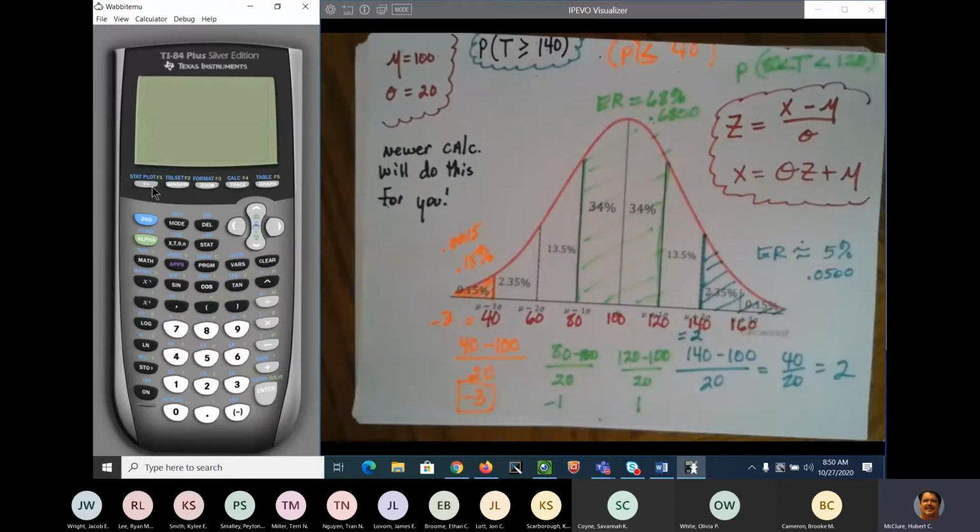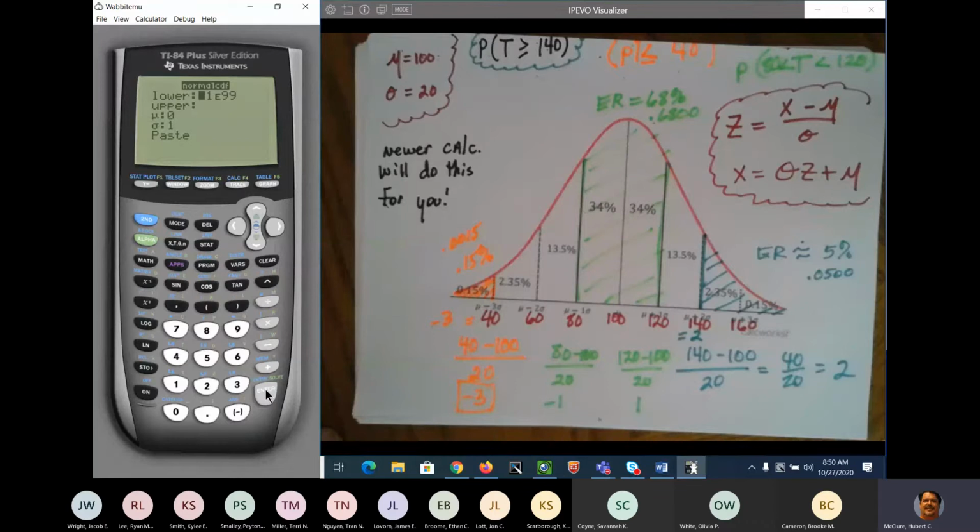So if you've got an old calculator, we're going to do the blue first. You hit second, vars, second, normal CDF, enter.